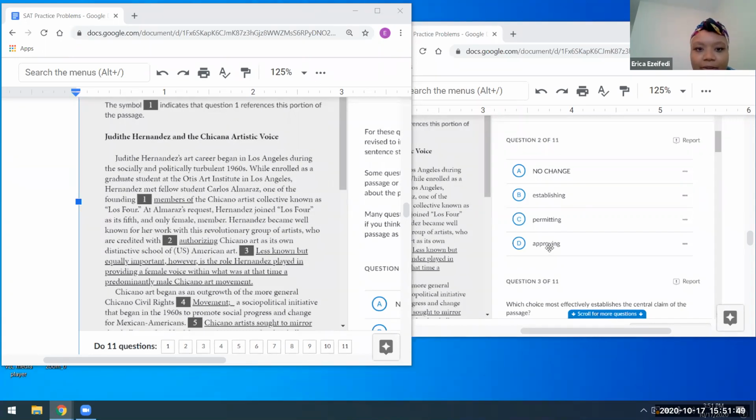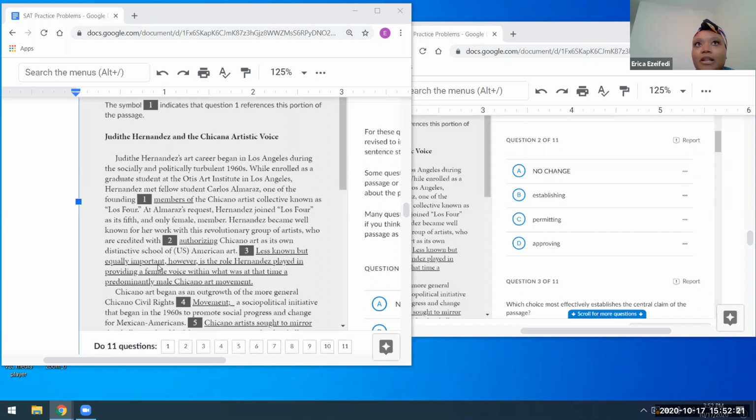And approving, let's read it with approving. Hernandez became well known for her work with this revolutionary group of artists who are credited with approving Chicano art as its own distinctive school of American art. So again, these words are similar. Yes, they did approve Chicano art as its own distinctive school of American art, but that word approving hints that they are some kind of official organization whose job it is to approve or disapprove.